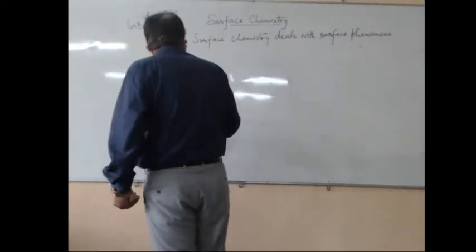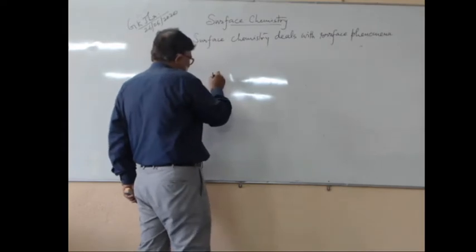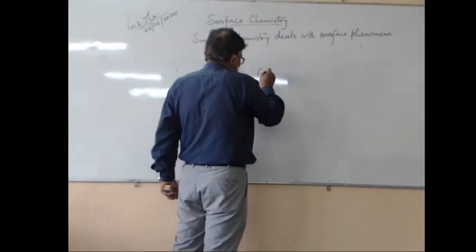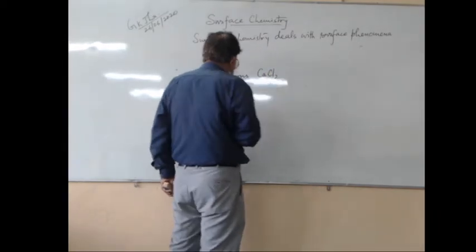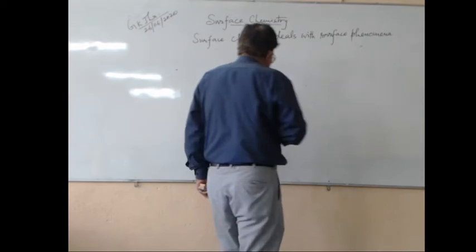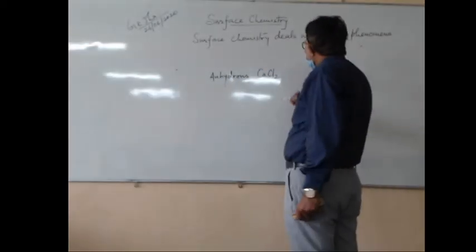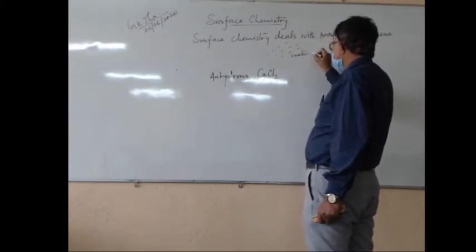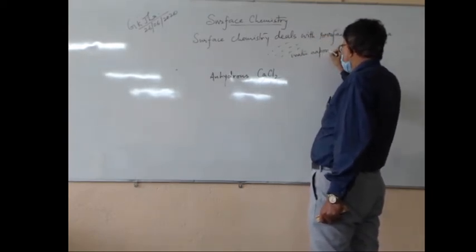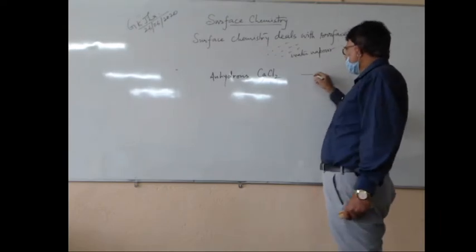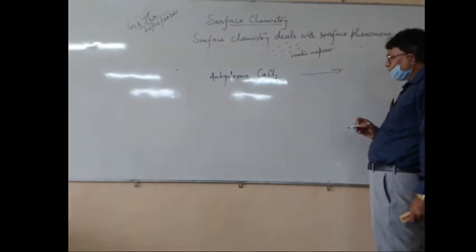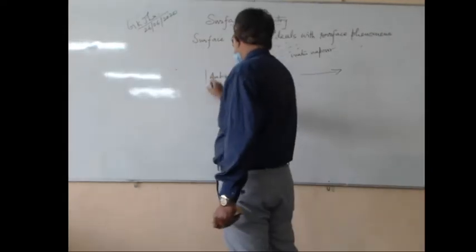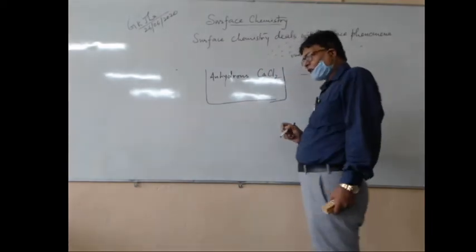For example, this is anhydrous calcium chloride, and here, this is water vapor. Suppose you have this anhydrous calcium chloride in a container.